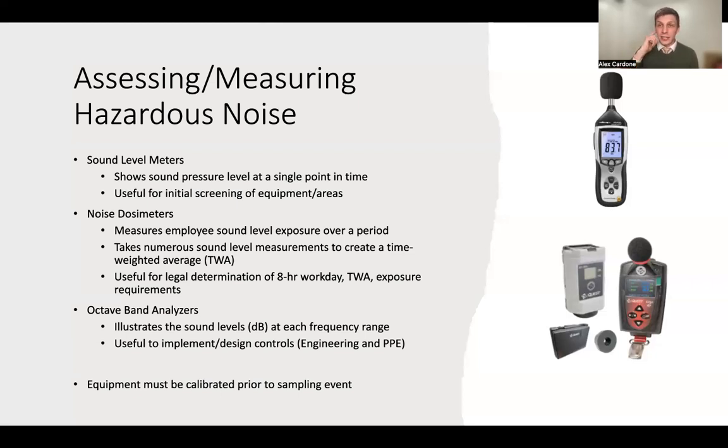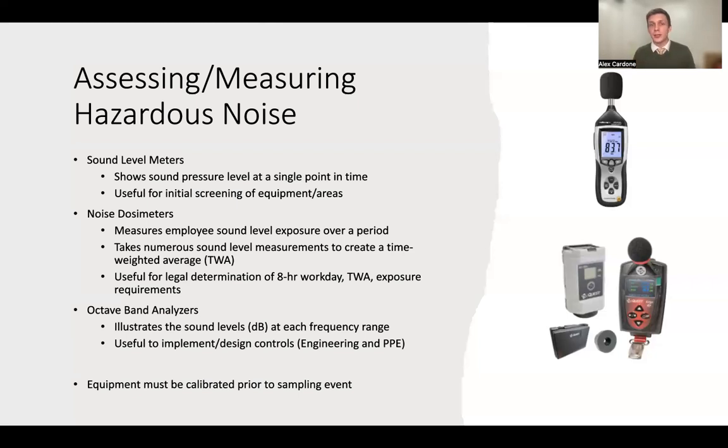Same thing, different hearing protection is actually good at certain frequencies and not others. So that's where an octave band analyzer can help. But again, typically the order and flow that you handle measuring and assessing hazardous noise is you first take an initial sound level reading, then you collect noise dosimetry, and afterwards, when you're designing controls, you perform octave band analysis.